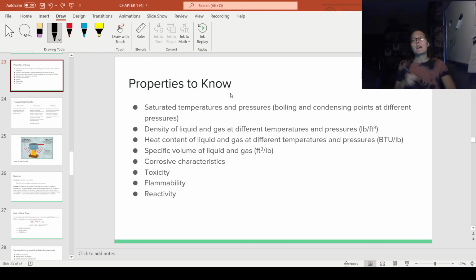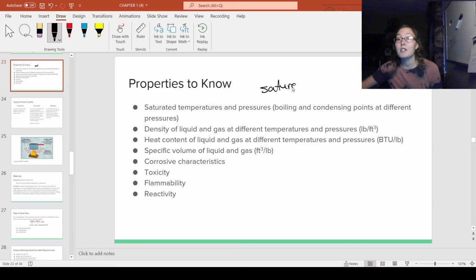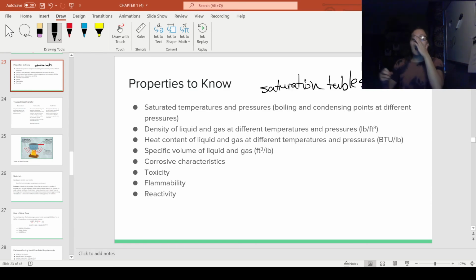It's good to know the boiling point at atmospheric pressure and stuff like that, but there are tables called saturation tables. Makes sense, right? That will tell you the saturation point of a refrigerant. You need to know the density of liquid and gas at different temperatures and pressures in pounds per cubic foot.